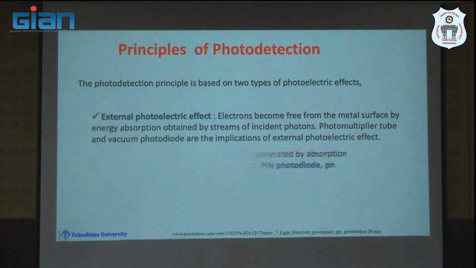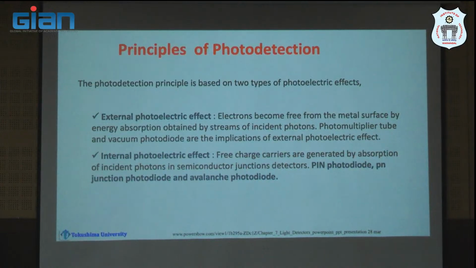A photodetector is based on two principles. One is the external photoelectric effect, another is the internal photoelectric effect.